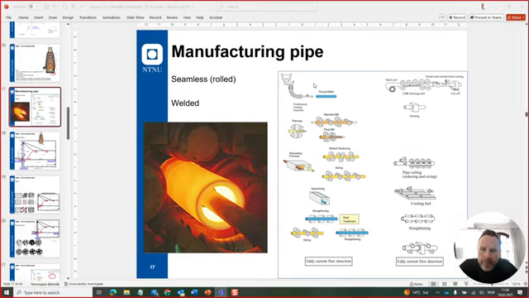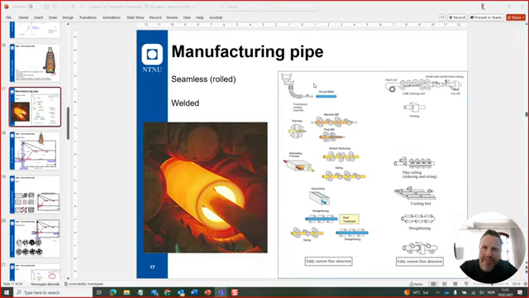What happens is that you put it through different mills with different shapes in order to get the right shape, controlling the process of piercing the billet.